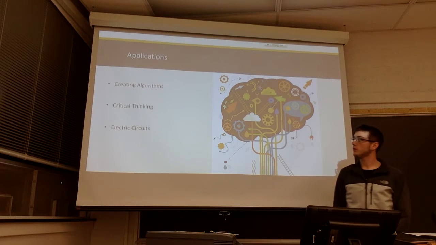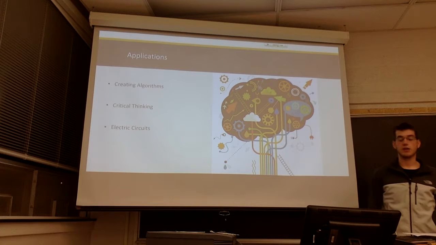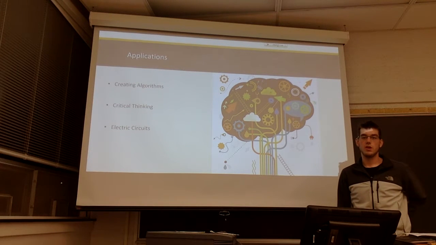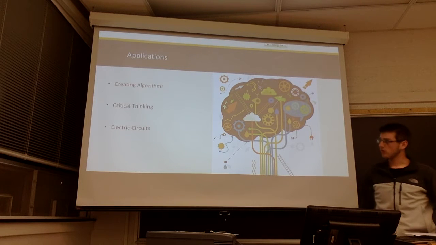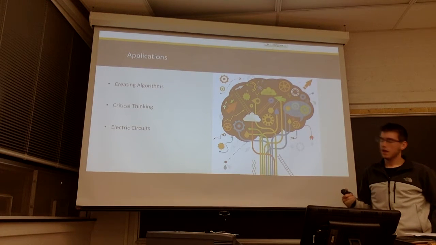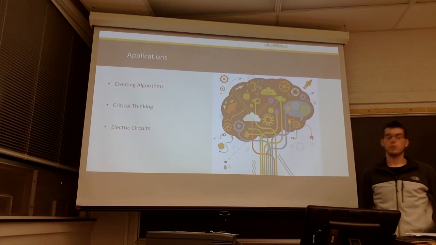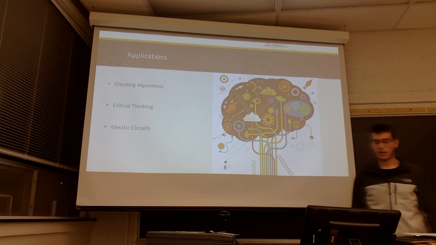Some of those problems are in computer programming, creating algorithms, and low-level programming within the machine, which use binary and Boolean algebra a lot. Also, critical thinking. Having a basic understanding of Boolean algebra would help with your everyday critical thinking and problem solving, just because it is the basics of logic.